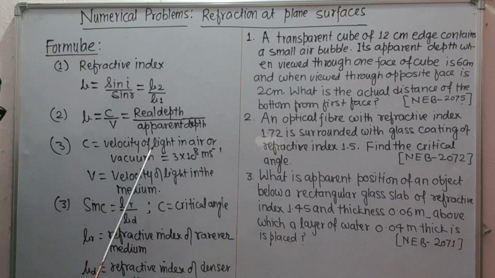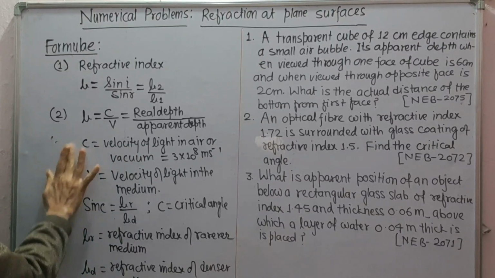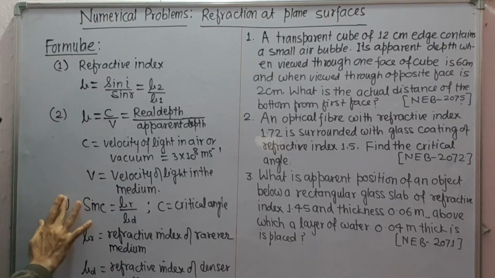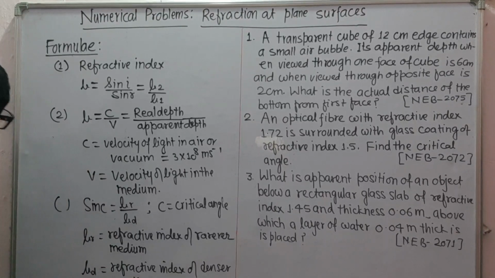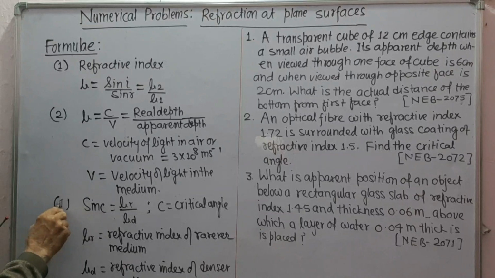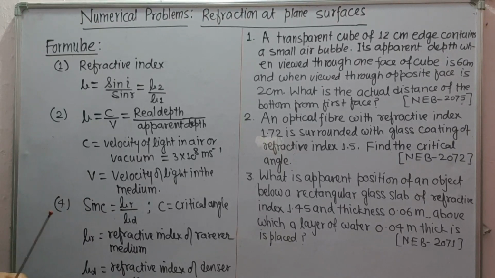Here c is the velocity of light in air or vacuum, having value this much, and v is the velocity of light in the given medium. If c is the critical angle, then sin c is equal to the ratio of mu of rarer medium to mu of denser medium.